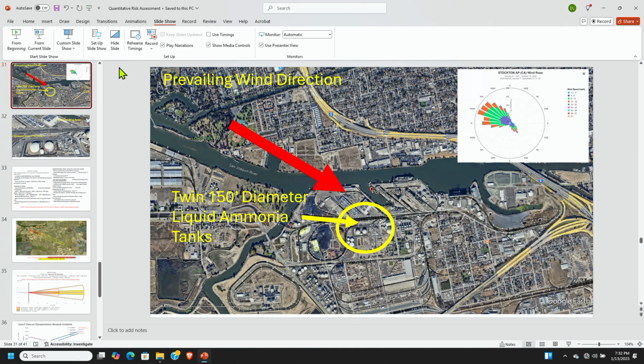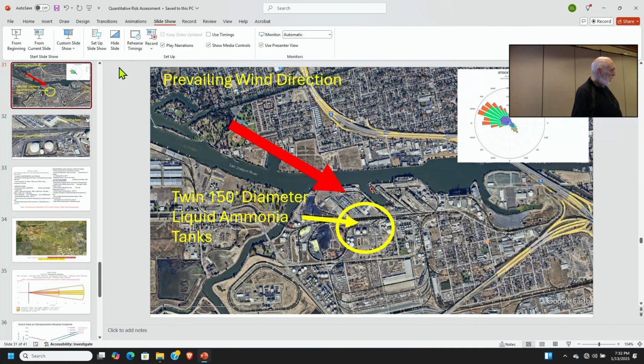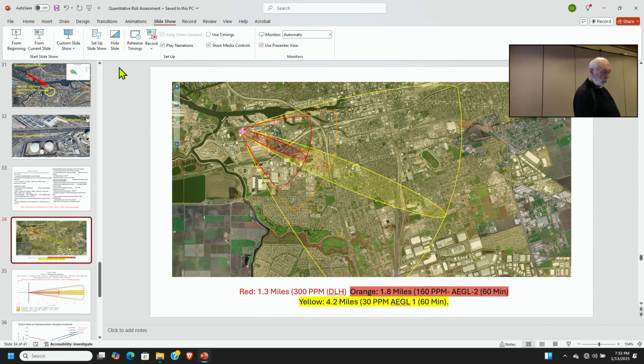This is the approximate direction, so any release is going to go in that overall direction. And you can plot this stuff out with some of the EPA programs. 4.2 miles. I'm sorry, I was wrong. Not 6, just 4.2.